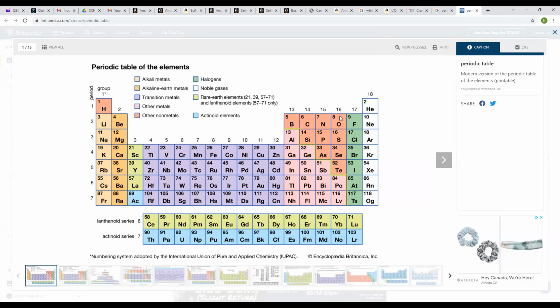By that same reasoning, 16 will have a charge of -2. So oxygen, sulfur, selenium. How about nitrogen? This row here. -3. -3, right.